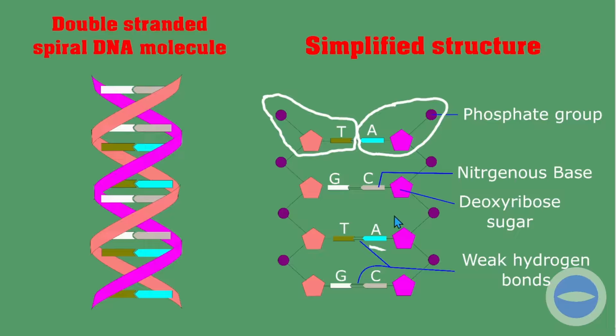These nucleotides are linked together to form one strand of a DNA. On the other side, we've got other nucleotides which form another strand of a DNA. These strands are held together by weak hydrogen bonds. The bond that is in between nitrogenous bases is called a weak hydrogen bond. This is another piece of information that you must keep in mind.